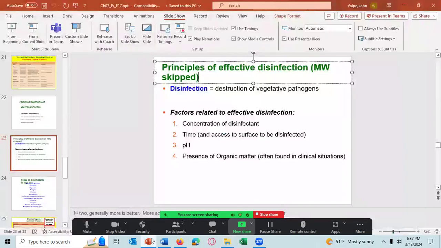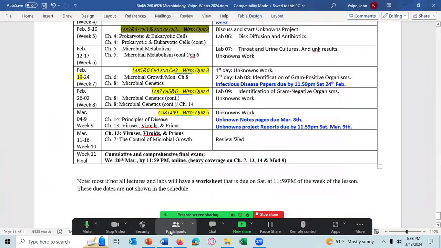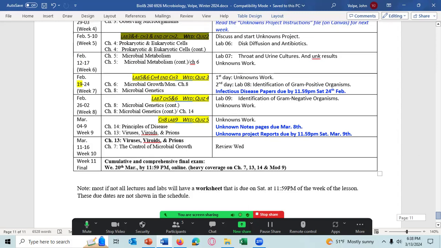So what I thought we would do is work backwards through the syllabus. I want to cover a little bit of chapter 17, although we just covered it, and then chapter 13 and chapter 14, and maybe a little bit of lab 9, because this will be a major emphasis on the final. The final is comprehensive, but the most questions will be from chapter 8, about 3 or 4.